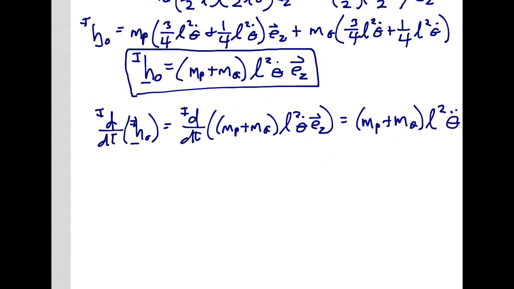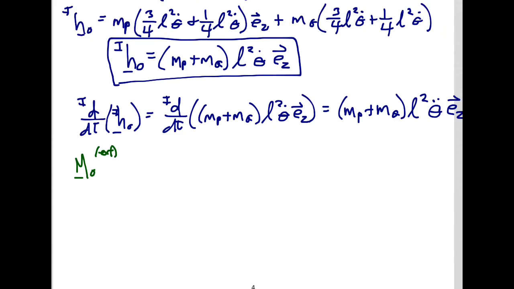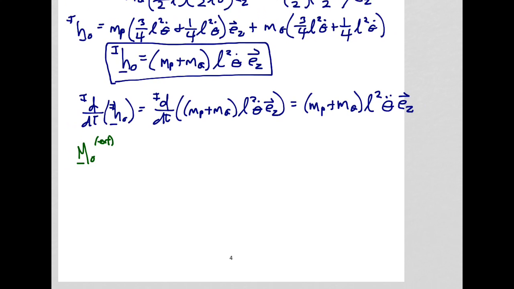For the right-hand side, we have the total moment due to external forces. And so to get the total moment due to external forces, we need a free body diagram. Our free body diagram of this system looks like this, where on particle P, we have the mass of P times gravity in the E1 direction.